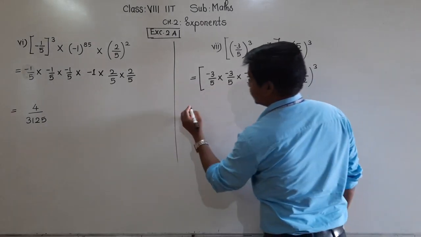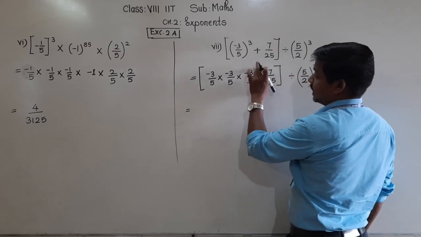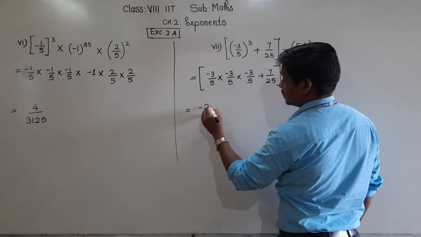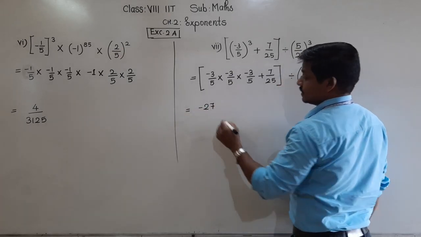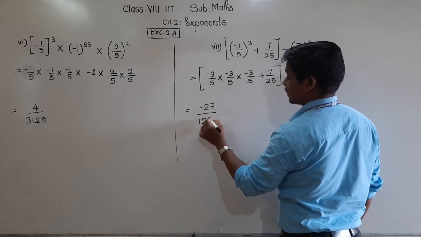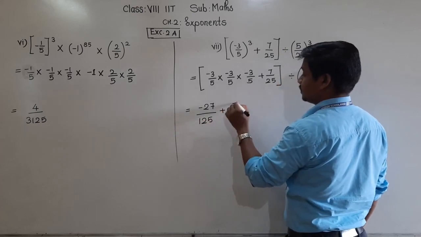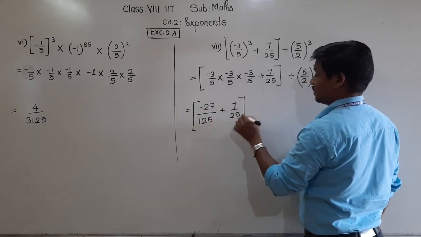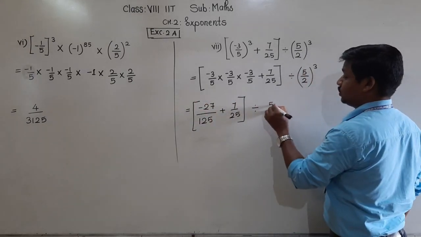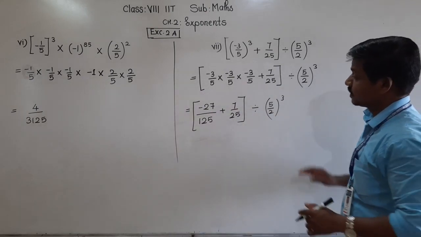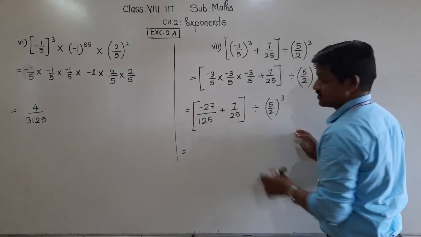Then here minus 3 into minus 3 into minus 3 is minus 27. Correct? Upon 5 into 5 into 5 is 125, plus 7 upon 25, divide by 5 by 2 raised to the power 3 as it is. Okay, now this is addition.